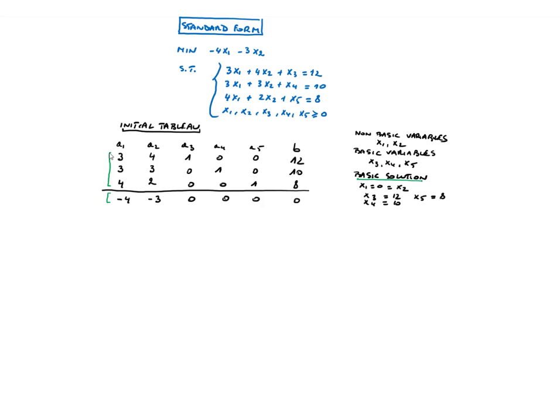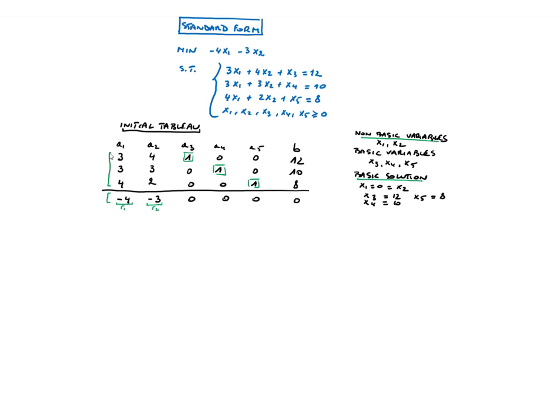So in this case we have zeros below and above the pivots that you see over here. This means that the coefficients that you see over here associated to the non-basic variables are the reduced costs. So this is R1 and this is R2.